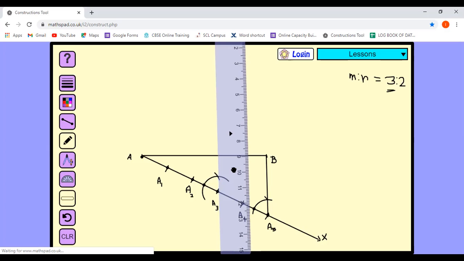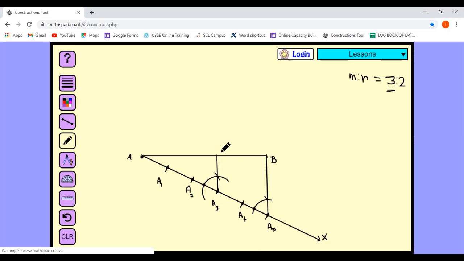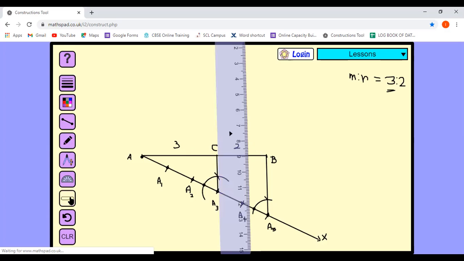So it's a bit of a mistake. Okay, fine. Now I'll have a perfect arc. Okay. Now this point where it is meeting, take it to be C. So now AC is to CB will be in the ratio 3 is to 2. So this is our final construction. Okay. Now the question says we have to measure it.